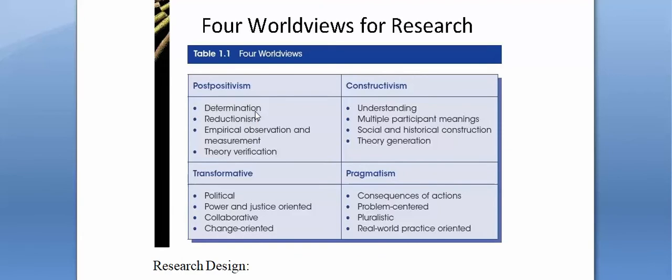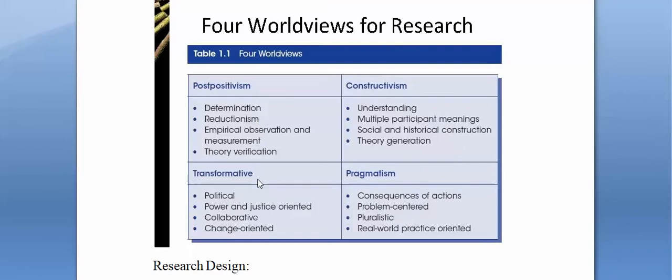In the second worldview, which is called constructivism, we have seen examples of conducting research with the aim to understand the phenomena. So understanding something, okay, multiple participant meanings, social and historical construction, and theory generation.